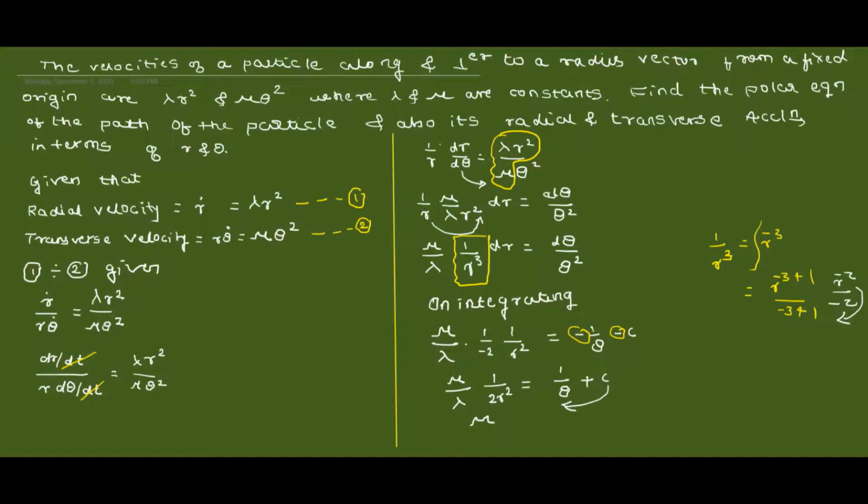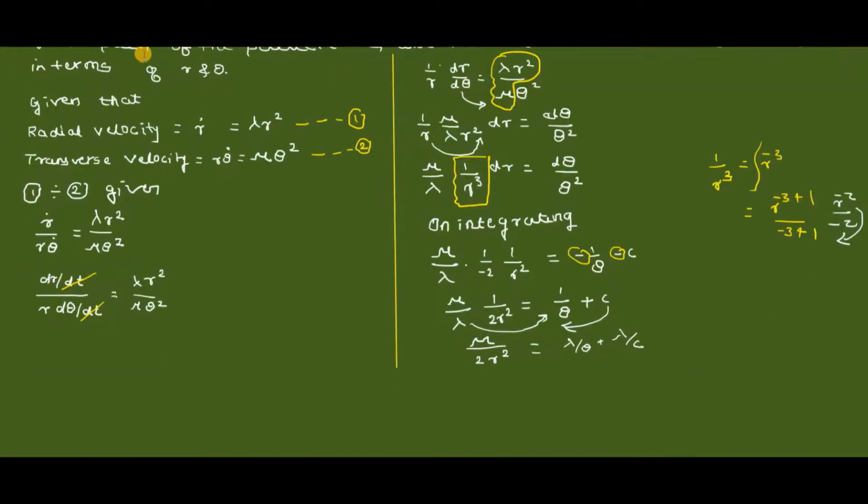Better I will write, if you transpose this lambda to the right hand side, mu divided by 2r square, then lambda divided by theta plus lambda divided by c, and then what you will get is mu divided by 2r square is equal to lambda divided by theta.